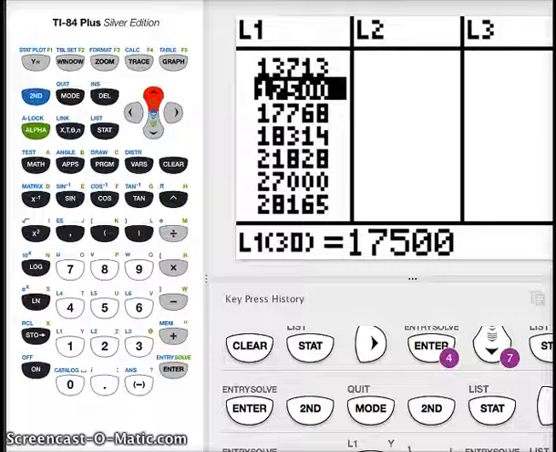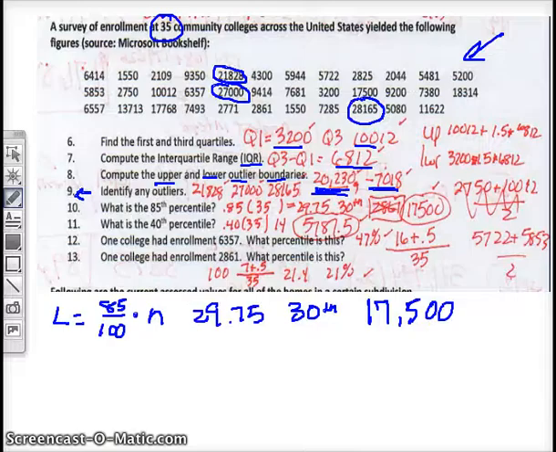I went back to my calculator and scrolled and found the 30th number, and that value is 17,500. So that's the 85th percentile. Notice question 11, what is the 40th percentile? Well, I do this again and notice I get the number 14. That is a whole number.